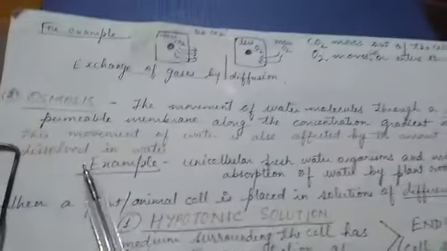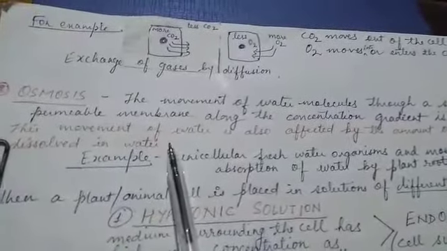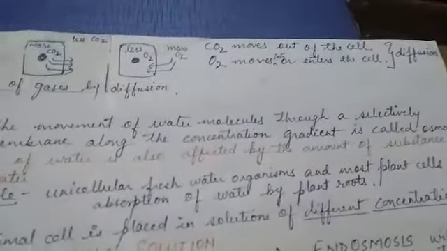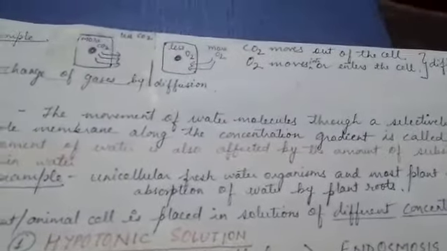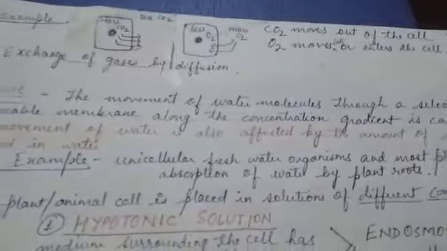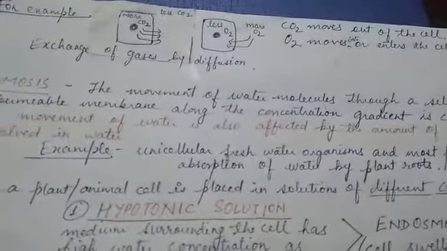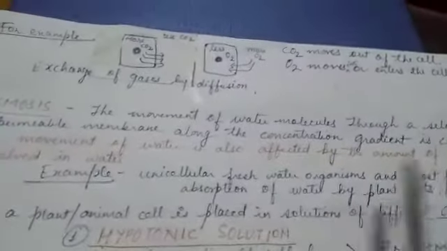This movement of water is also affected by the amount of substance dissolved in water. For example, unicellular freshwater organisms and most plant cells, and absorption of water by plant roots. These are examples of osmosis, how the movement of water takes place.